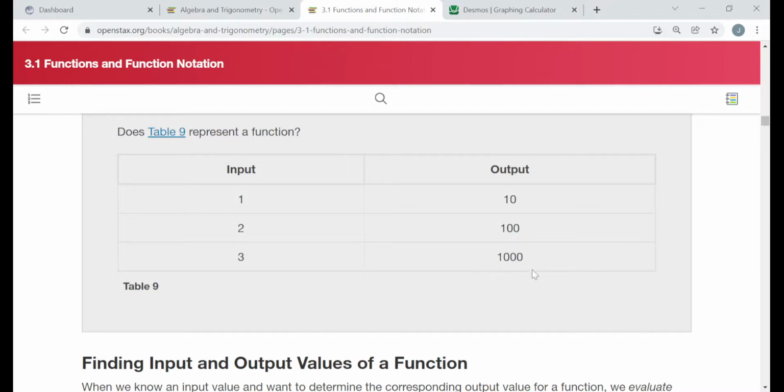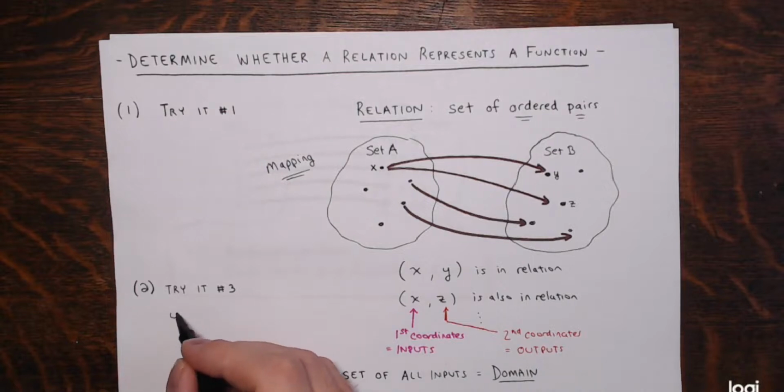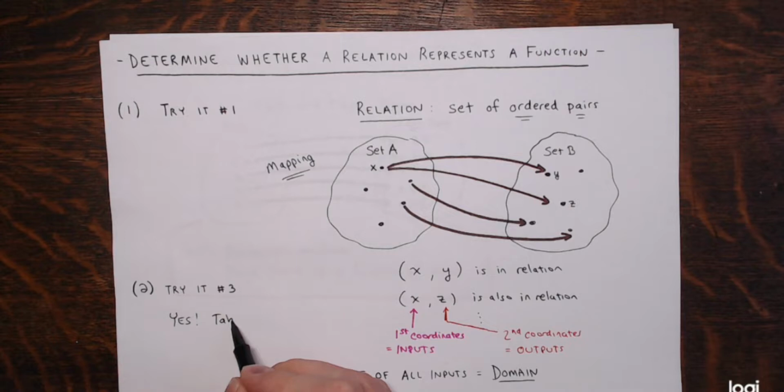So yes, I'm very simply going to write yes. Table 9 is a function. Yes, table 9 represents a function. It satisfies the definition.